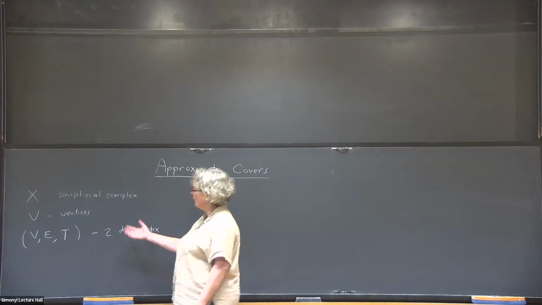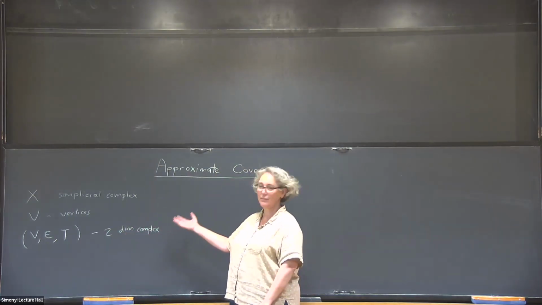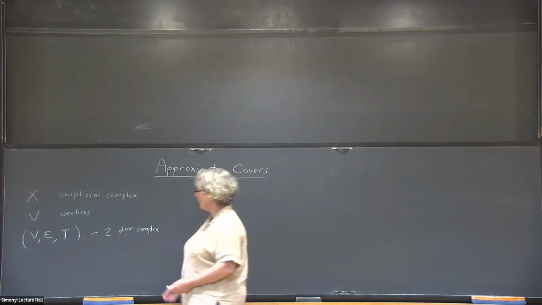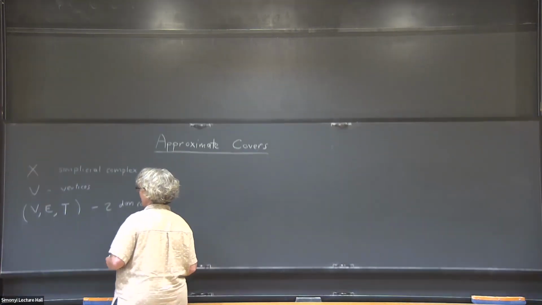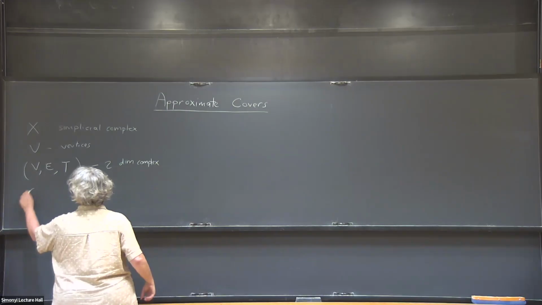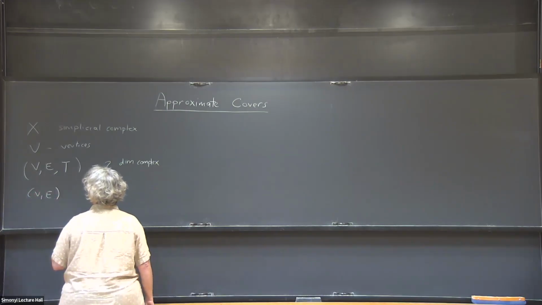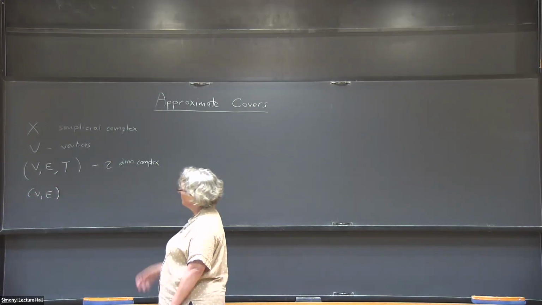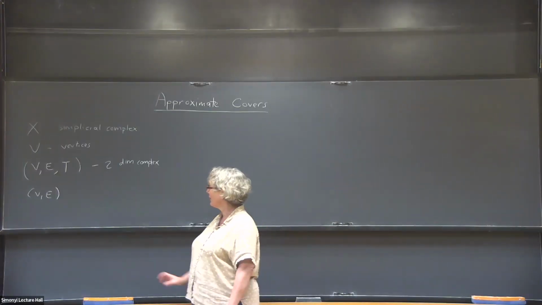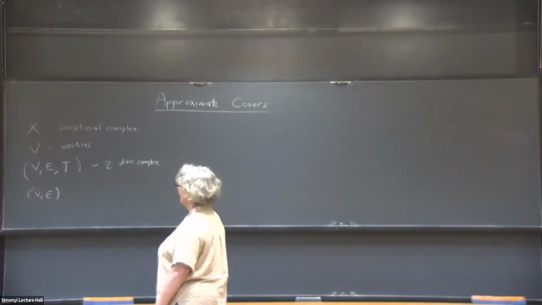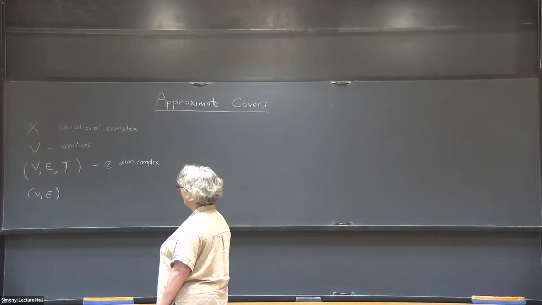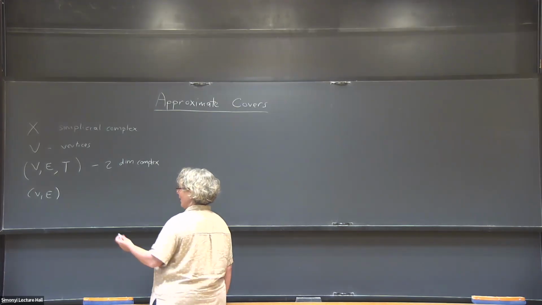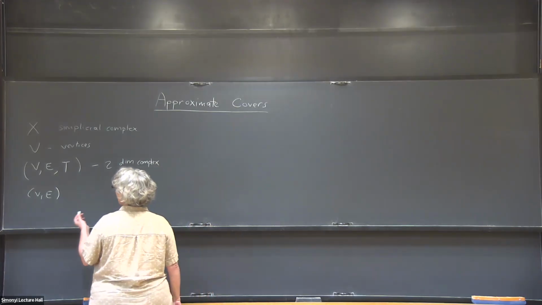And I want to define what a cover of such a thing is. So let's start with a cover of a graph. If I have just a graph with vertices and edges, this is something we're more used to. Sometimes it's called a lift, even though it's not formally the correct term, but that's the term that's used in computer science. A lift usually comes with a number. So let's say, what is a two-lift?